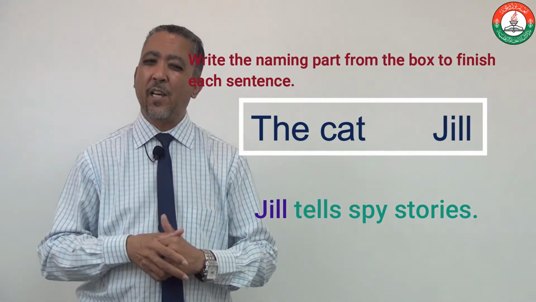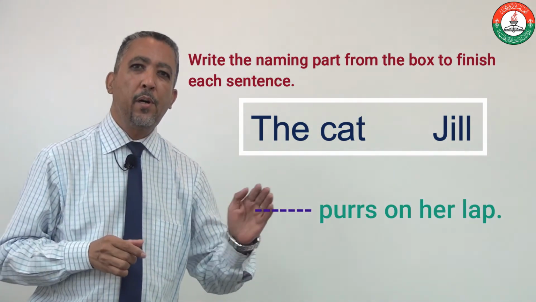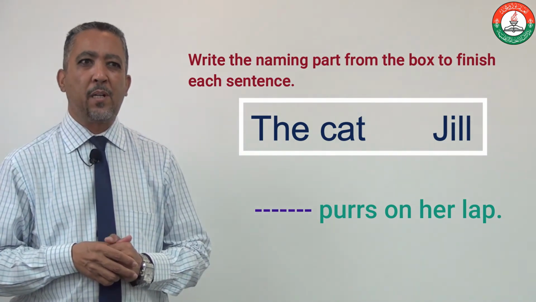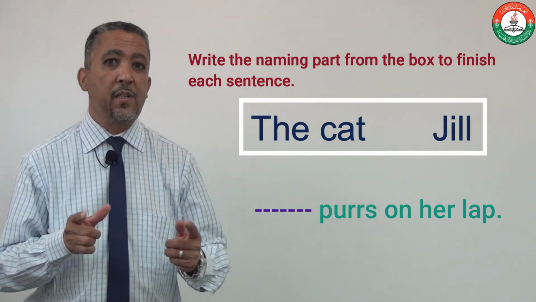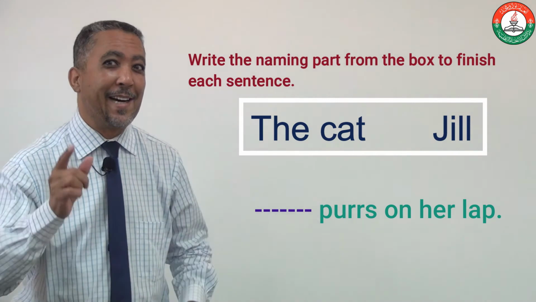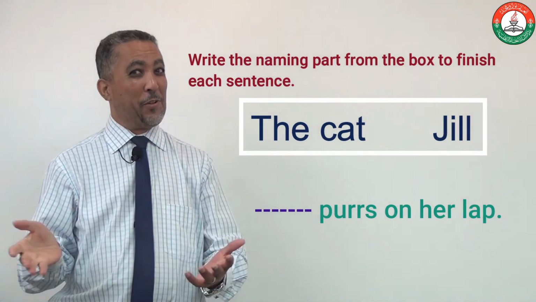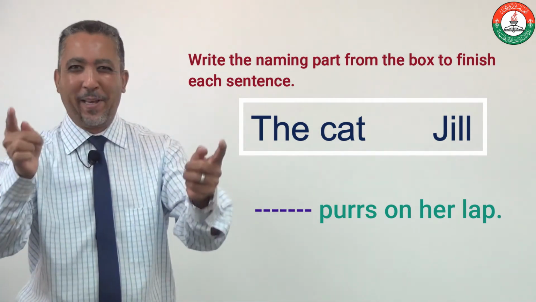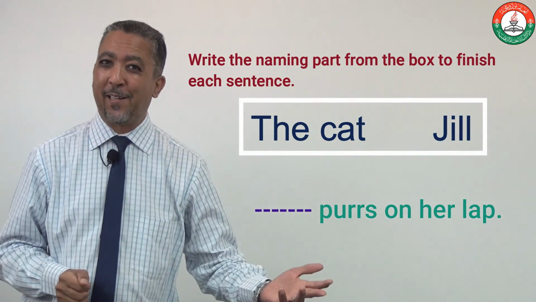Let us go to the second one. Blah blah purrs on her lap. Now what is purrs? Purrs is a sound that a cat makes. So if you know what purrs is, then you will know immediately that the answer is the cat.